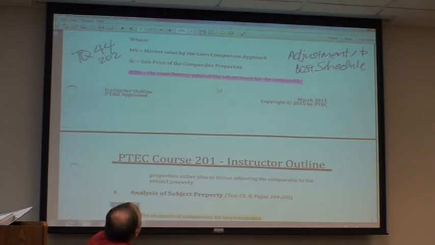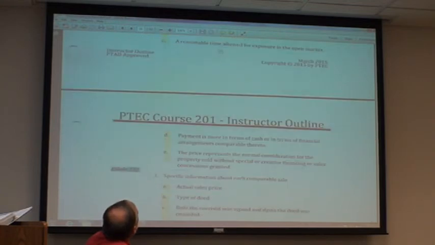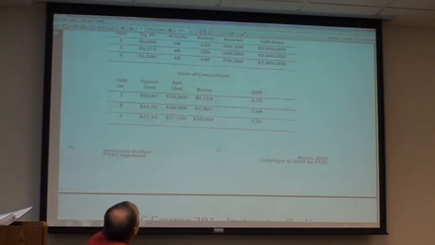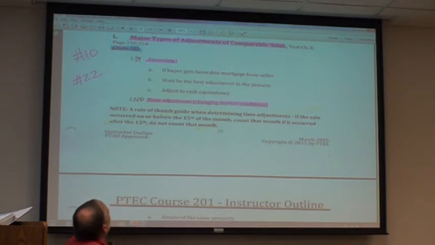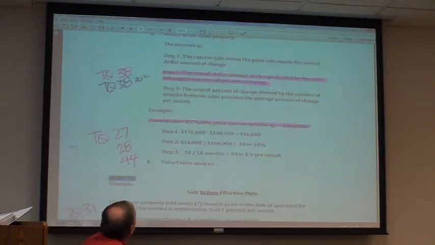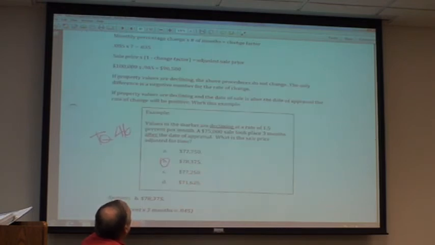What is that? That's the term I don't want you to worry about. Data verification to be confirmed by the buyer or the seller. Make the tax adjustments so the sales are comparable, some financing and market conditions adjustments. Time adjustment there.